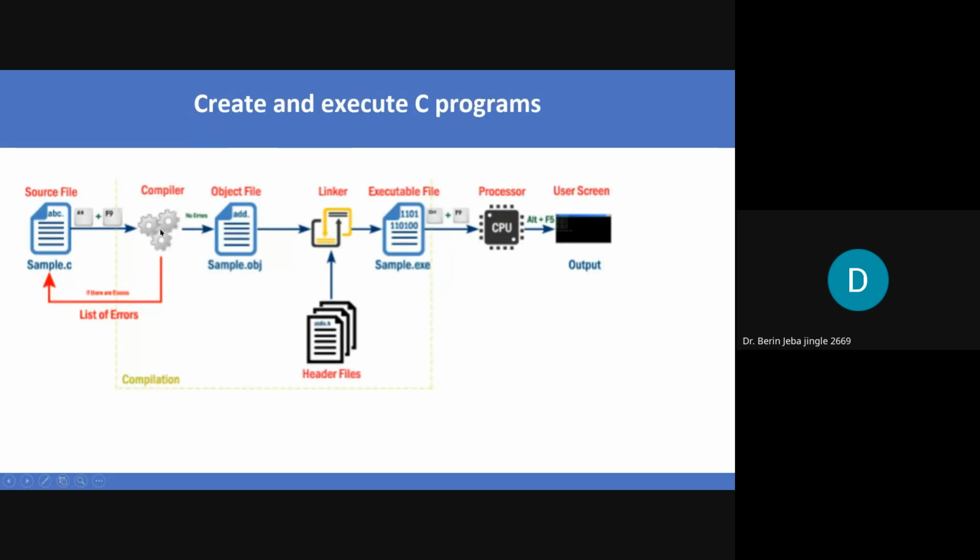First, it will check errors. Next, it will convert the high level language to machine level language, that is zeros and ones. We say the compiler converts, but how does it convert? First of all, it converts the file to an object file. Next, using the linker, it connects all the links, all the header files, whatever we used in the program.